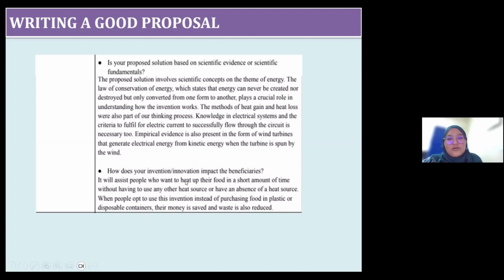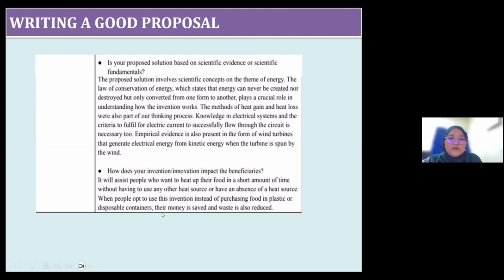And next is how does your invention or innovation impact the beneficiaries? Just now they identified their target users or potential beneficiaries. Here they mentioned that it will assist people who want to heat up their food. So again it stresses and highlights the impact of their innovation on those target users or target customers.